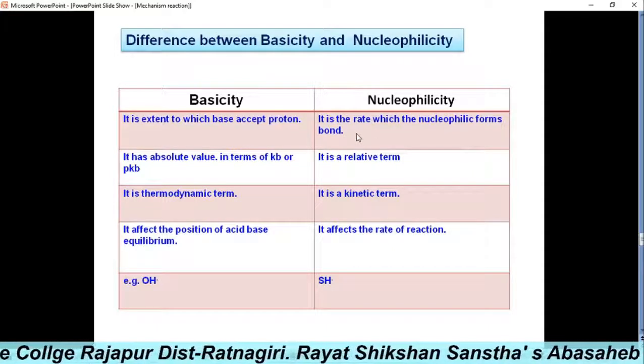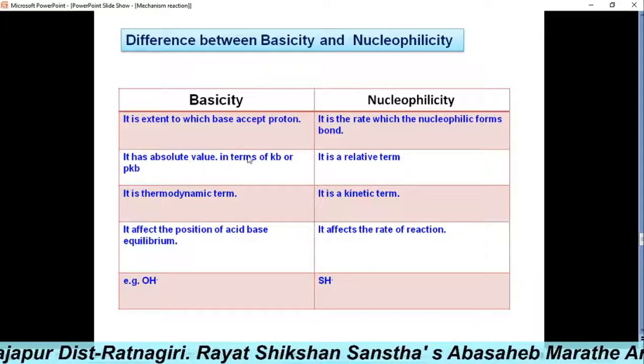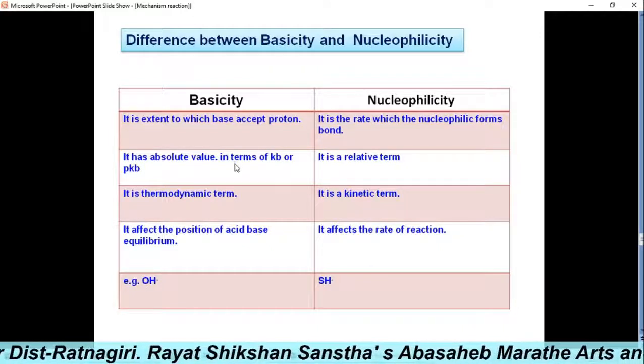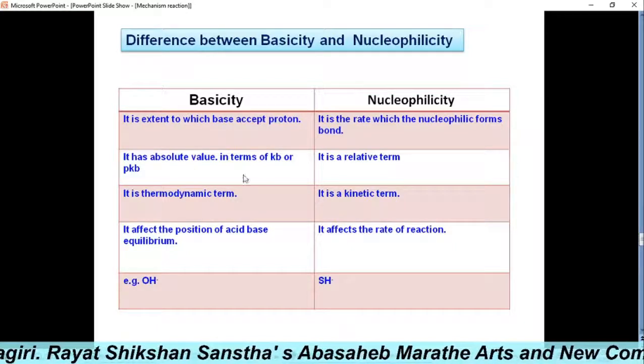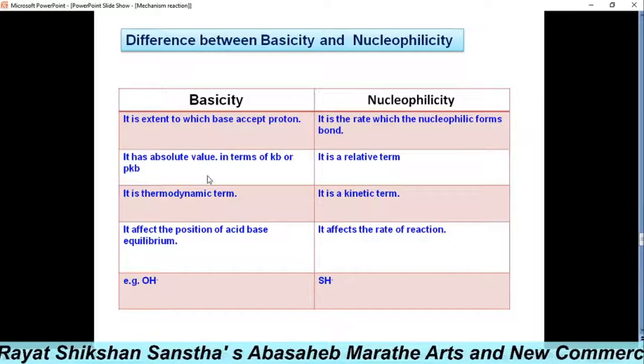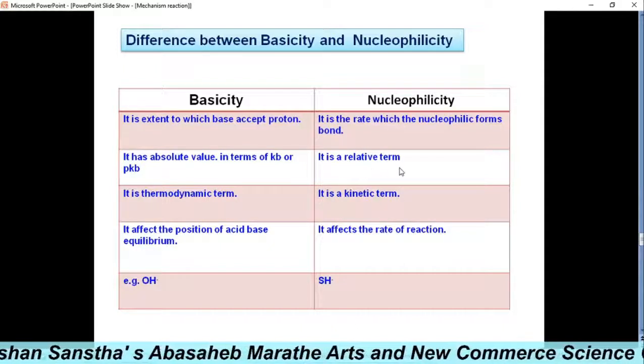This is called nucleophilicity. Basicity is an absolute value, measured in terms of Kb or pKb. Nucleophilicity is a relative term.